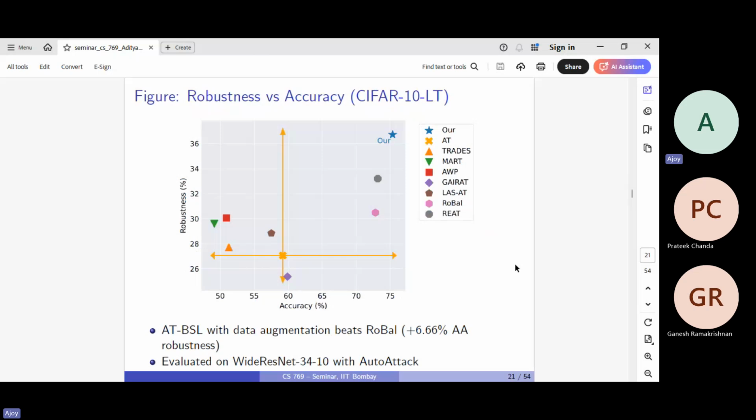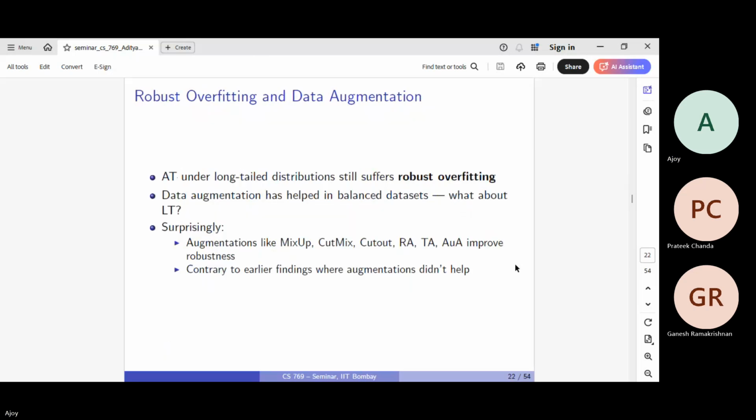So this was formulated on a Wide ResNet 34-10, where the layers get multiplied by 10 with each successive stage as we proceed forward in the neural network. So it was almost 6.6% better at robustness with AutoAttack adversary.